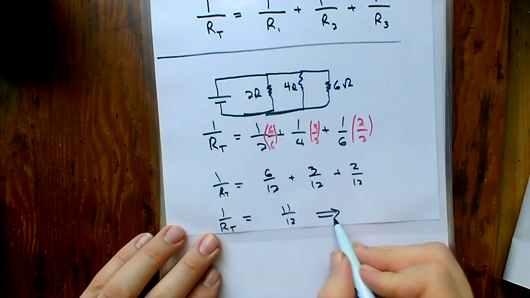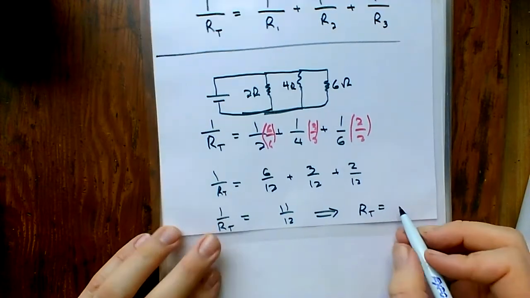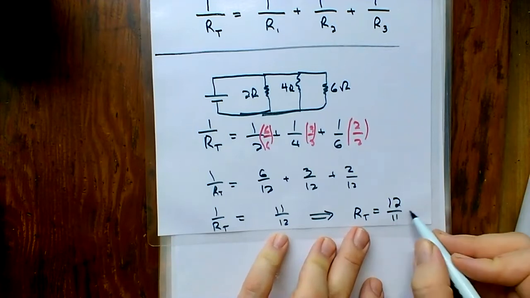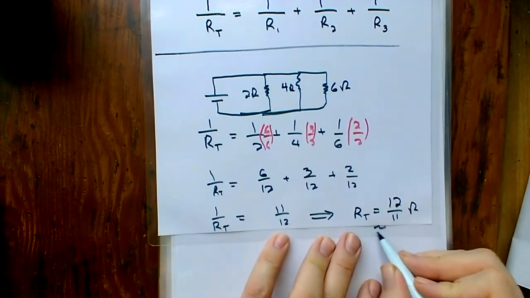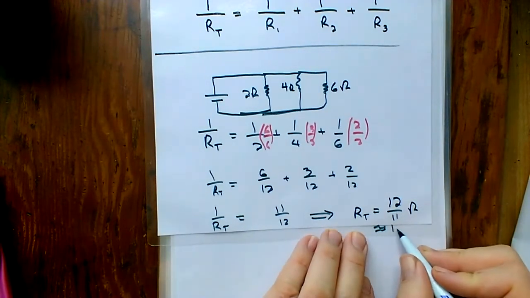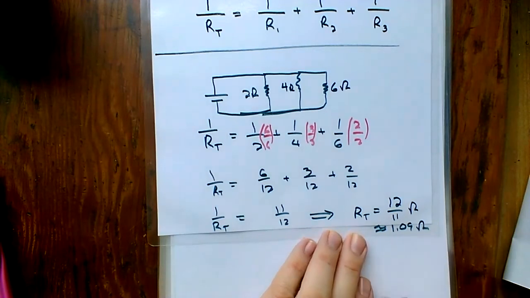So that means that my total resistance is going to be 12 over 11 ohms, which comes out to about 1.09. It's 1.090909 repeating, but let's just call it 1.09 ohms. Okay, that's one way of doing this.